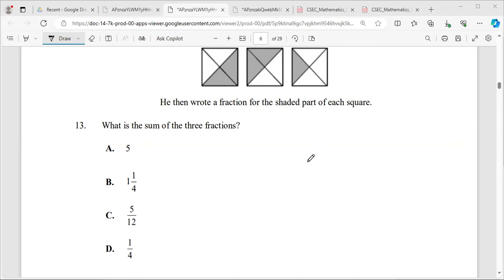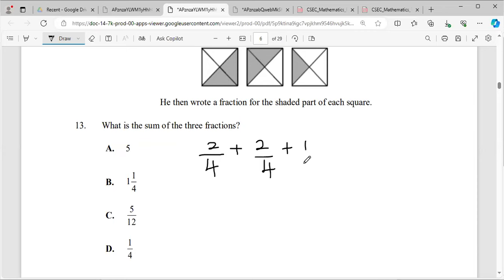So that will be the numerator. And then you count the total number of squares, which would be 4. So it would be 2 over 4. For the next one, we count 2 again, so we get 2 over 4 again. And for the last one, we count 1. So we get 1 over 4.